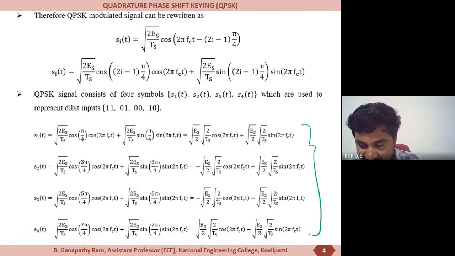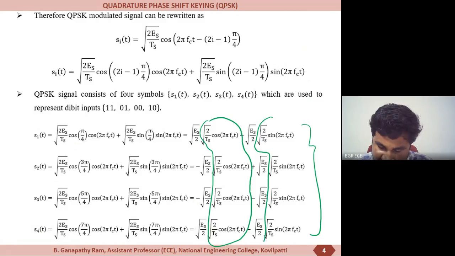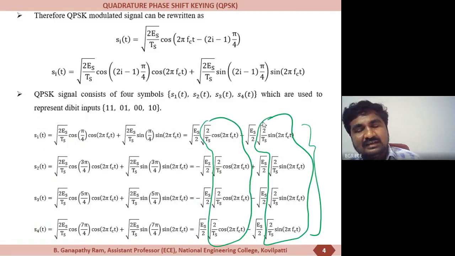Now we are having 4 different symbols. If we look at all these 4 symbols, we can find 2 functions that are all having equal and opposite magnitudes.